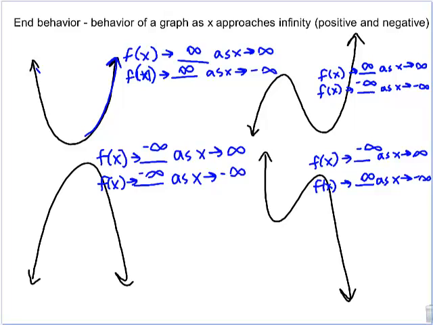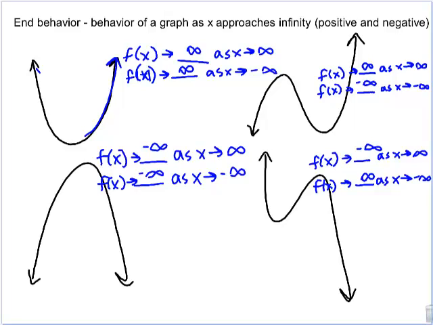Squared. An x squared is always the highest exponent. So 2. Is that an even number or an odd number?